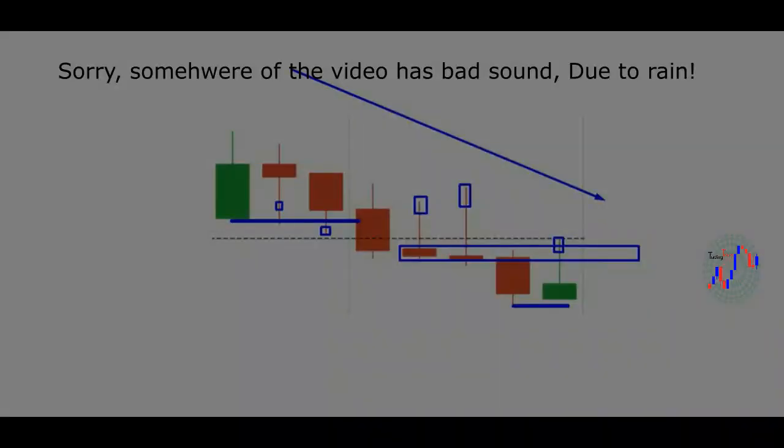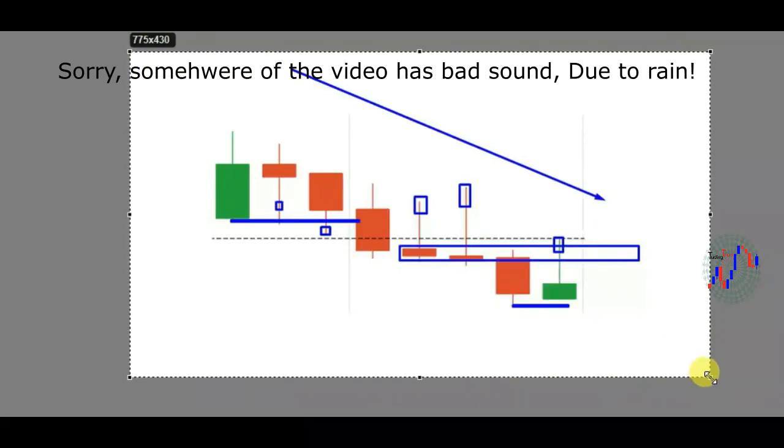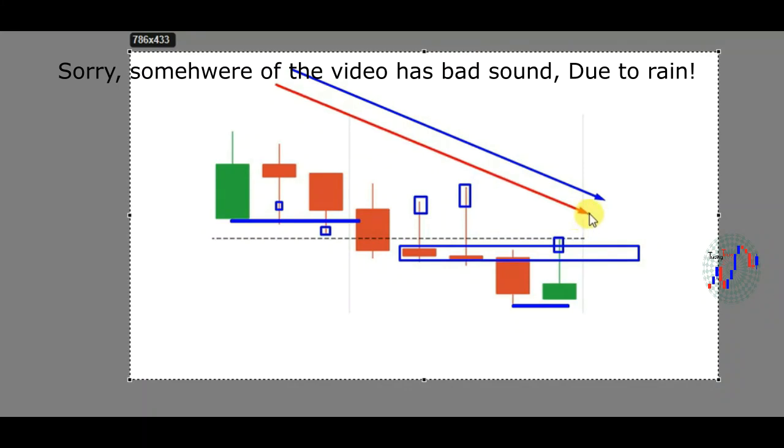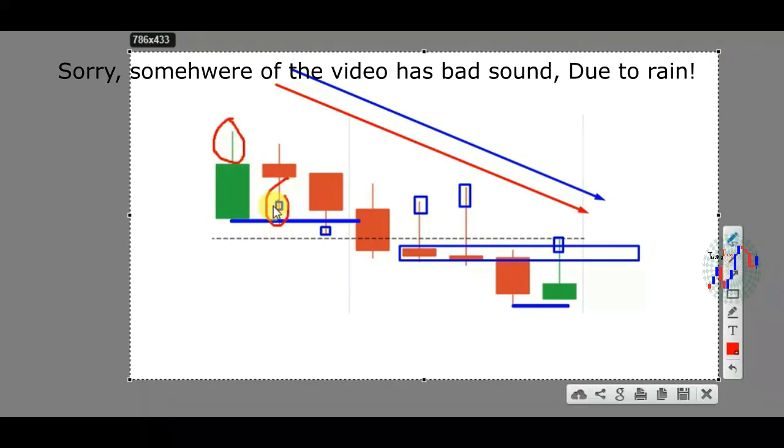So here on the chart, it's a strong downtrend. You can see I have drawn the level, the trend. As it's a downtrend, this is a rejection by the sellers, then the sellers entered up to this level.